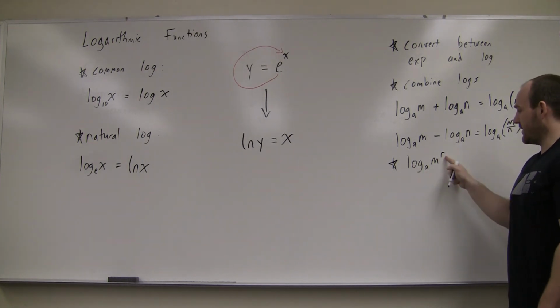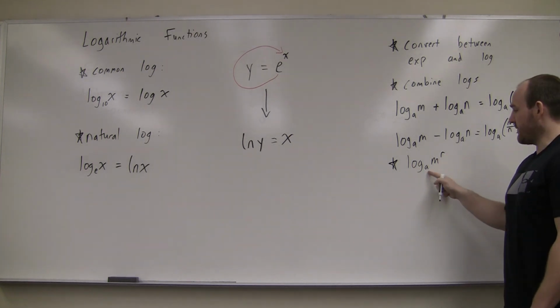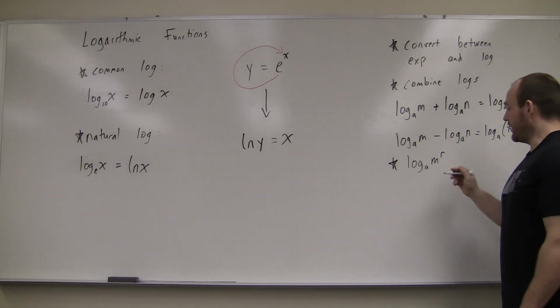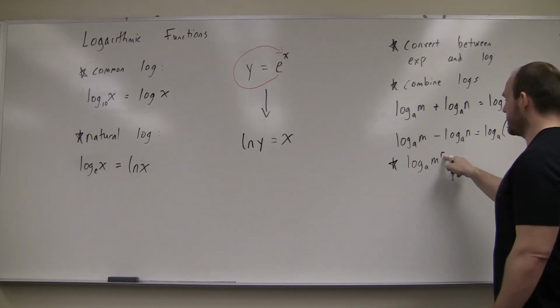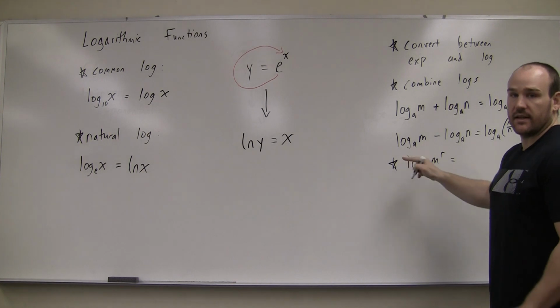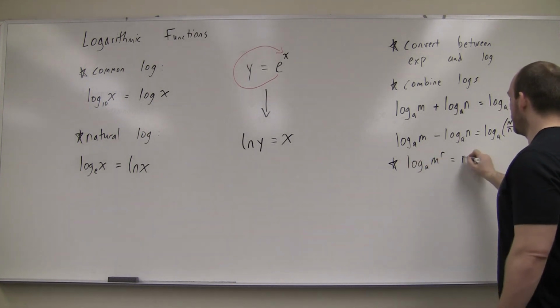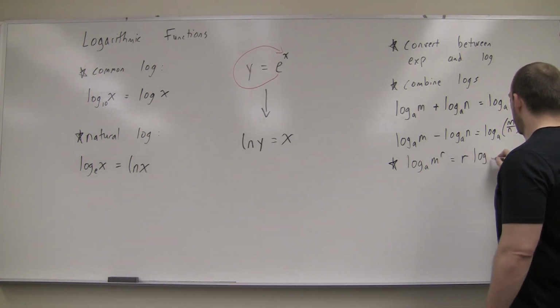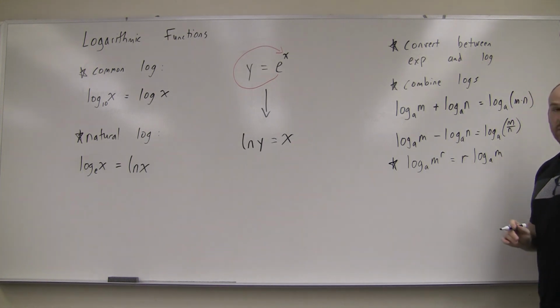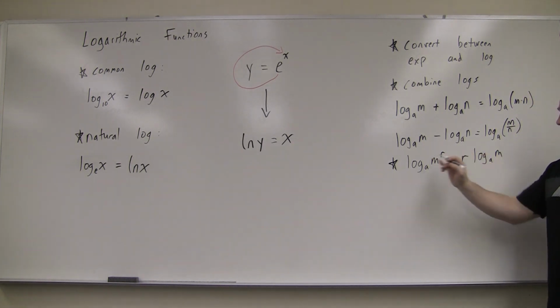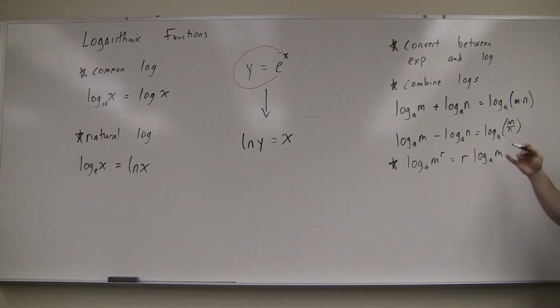So we can't just cancel this out and say it's r, but since these are different bases, what we can do here is take this exponent and bring it out front as a coefficient to that logarithm. That's a good way to simplify, and that rule works both ways. Actually, all these rules work both ways, but especially this one, which would make things easier on us.